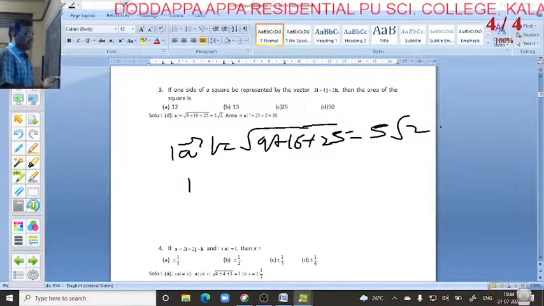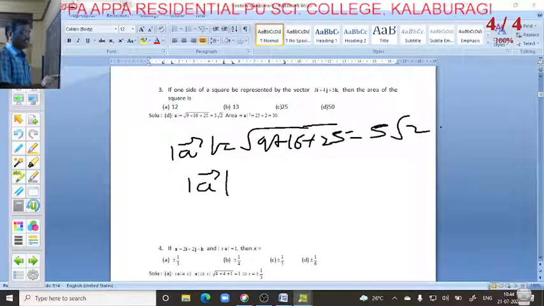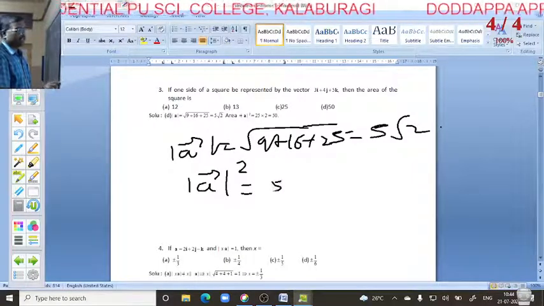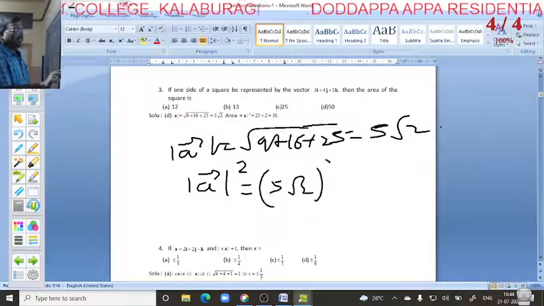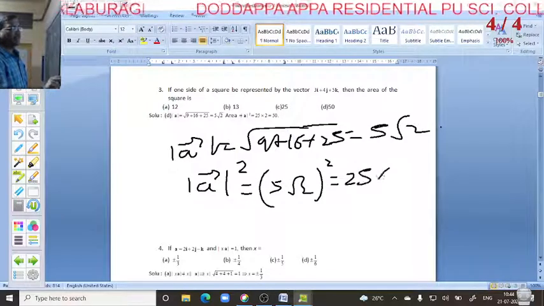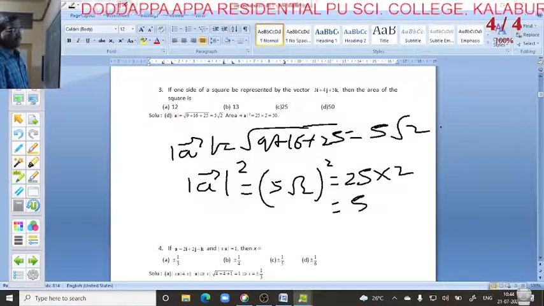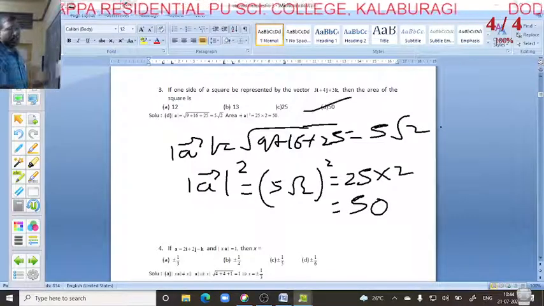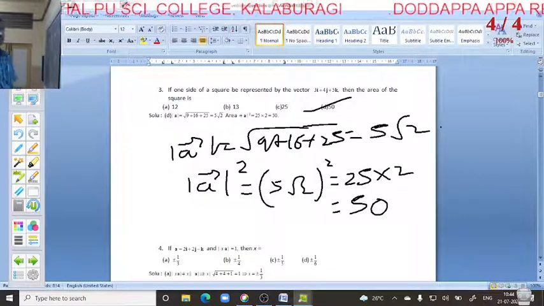But the area of a square formula is magnitude of vector A squared, that is 5 root 2 squared. So we get 25 into 2, which is 50. Option D. Okay.